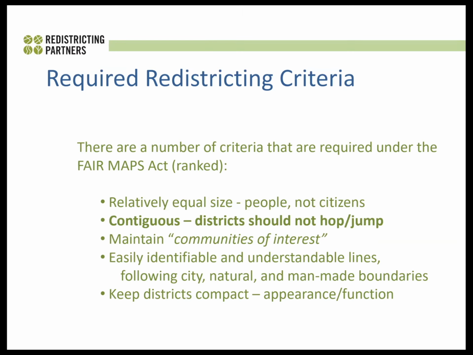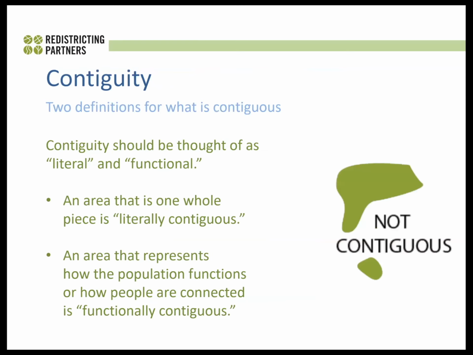This is possibly a word you haven't heard before, but we use it all the time in demography. It essentially just means that your district is one whole piece, and we're not going from one part of the district to the other and saying that's District 1. It all has to be touching. There are 2 different ways of looking at contiguity. So first, there's literal contiguity, which sounds exactly like it is.